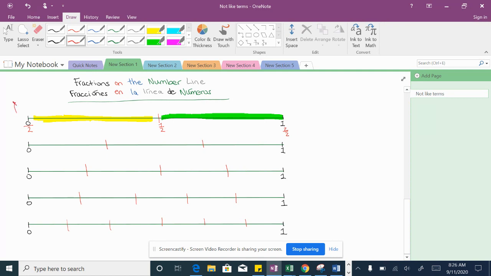Remember, when you divide 0 by any number, this is always going to be 0. Cuando dividís por 0, la respuesta es 0. Si 0 está arriba, la respuesta es 0. Si 0 está debajo, la respuesta no existe. If 0 is on the top, your answer is 0.